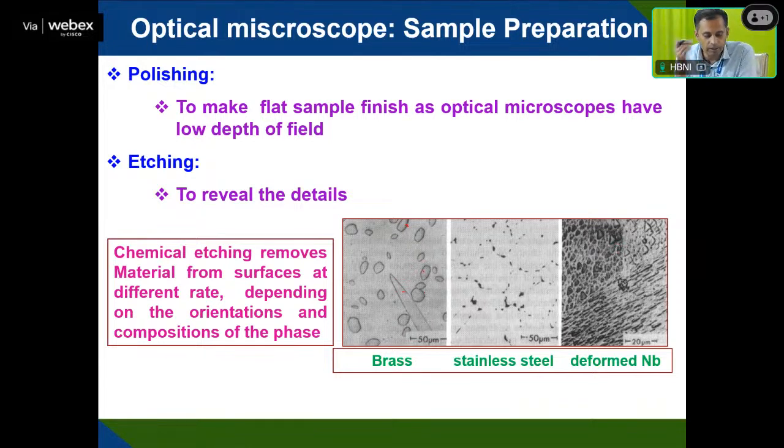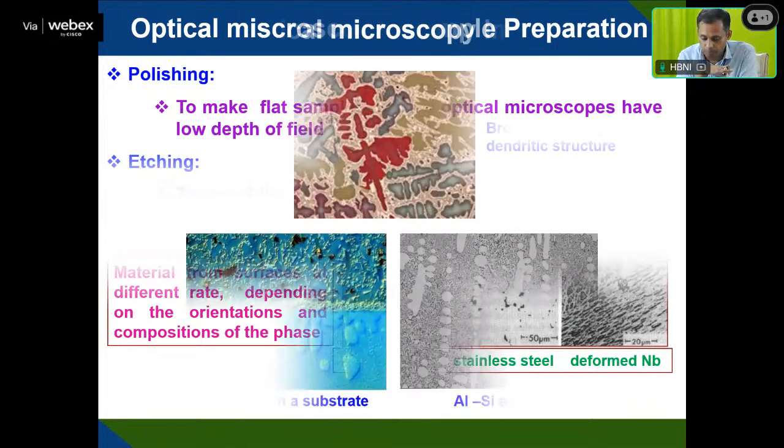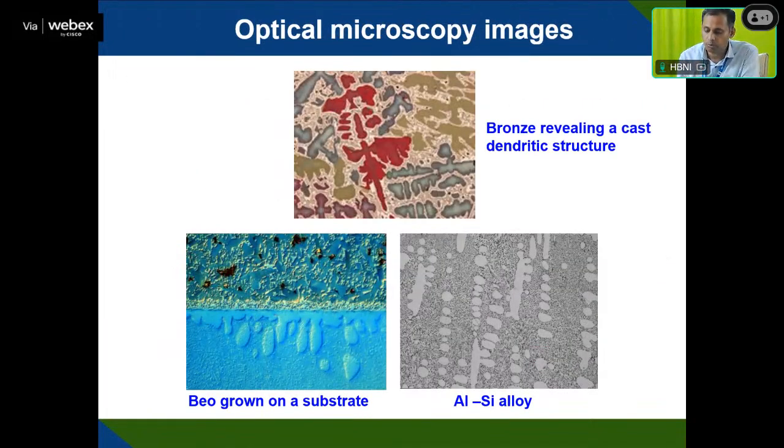By etching, you can reveal the structure. The top surface can be etched out by chemicals, different chemicals you can use, to remove the top surface material, and you're able to see the underlying surface morphology. You can see here the bronze revealing a cast dendritic structure.